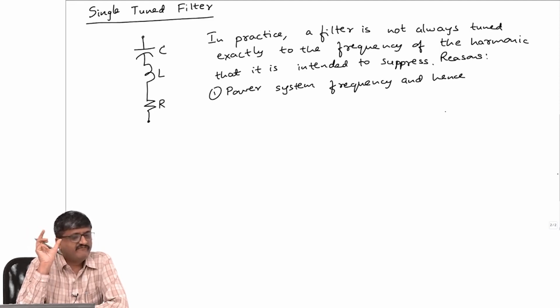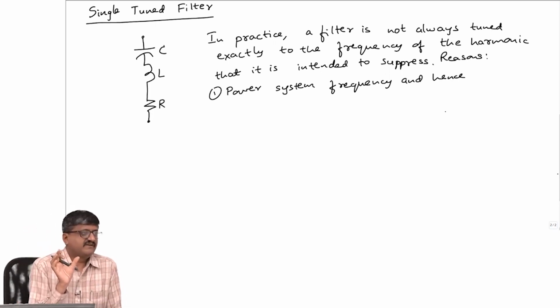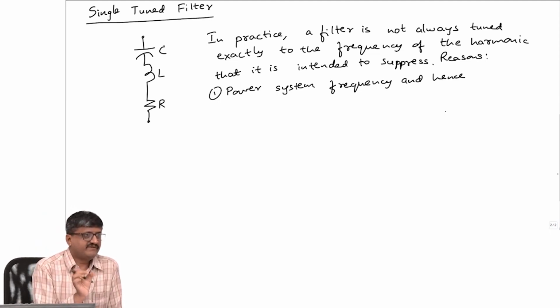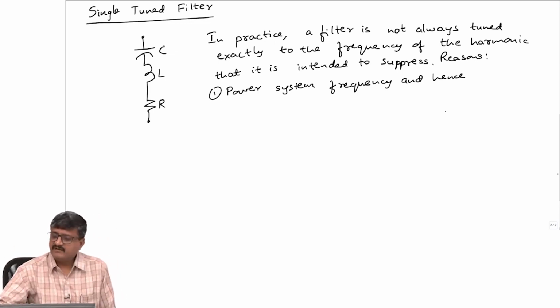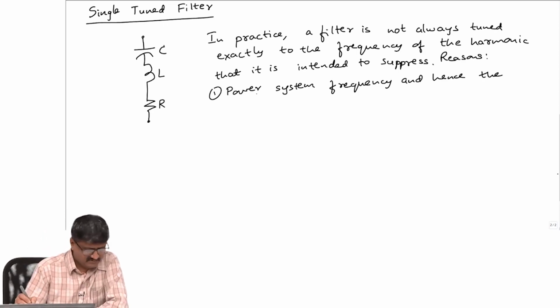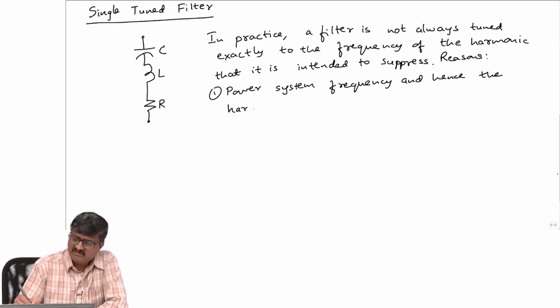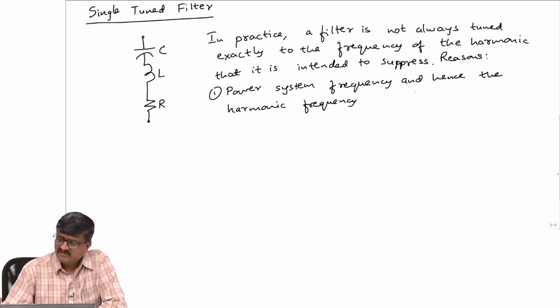So, the band in which the harmonic frequency stays gets larger and larger as you increase the harmonic order, because of the fundamental frequency itself not being a constant. So, power system frequency and hence the harmonic frequency may change.